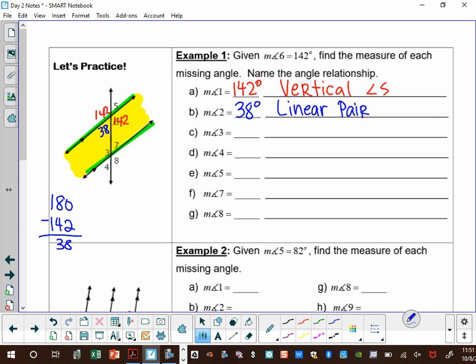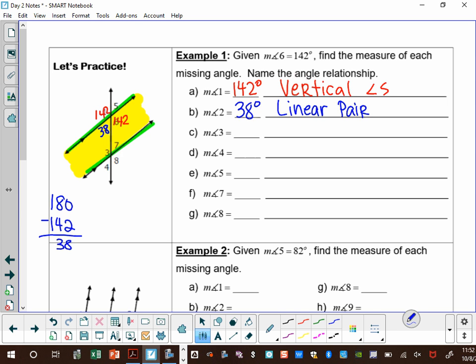All right, what's special about angles 2 and 5? Yeah, they're vertical, good. So Sam told us that they're vertical, so what's angle 5 going to be?